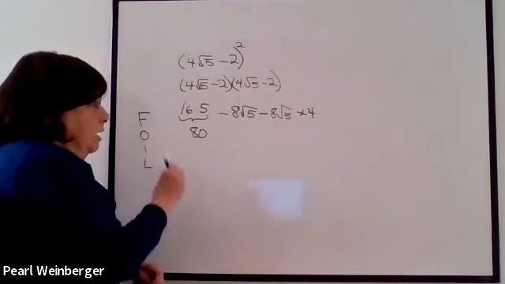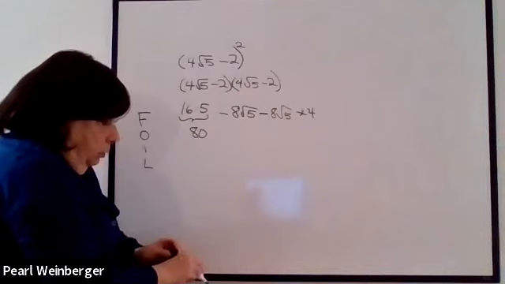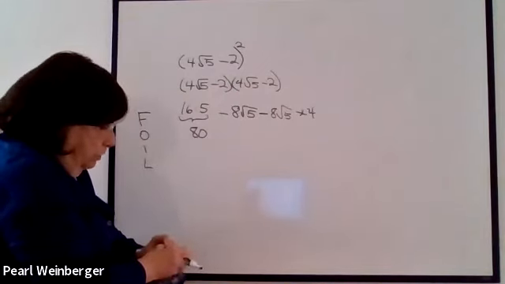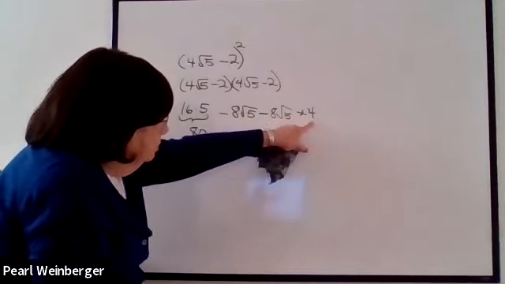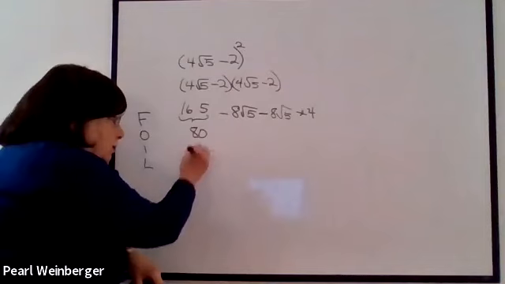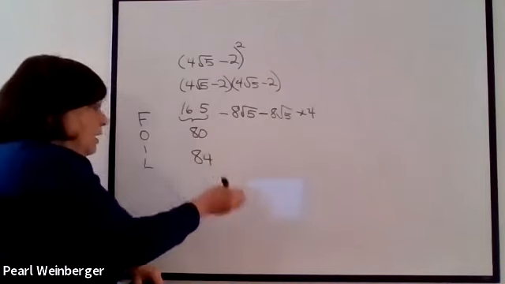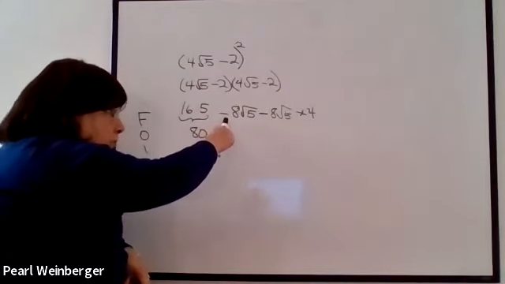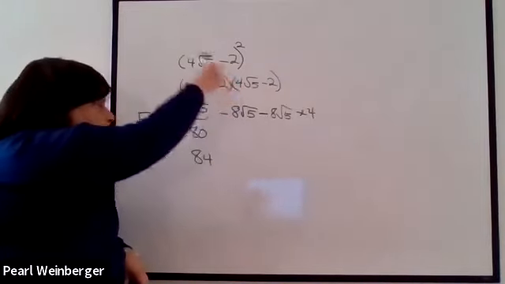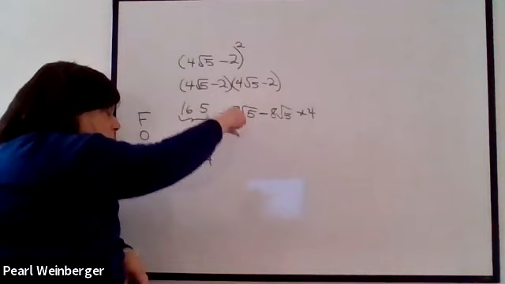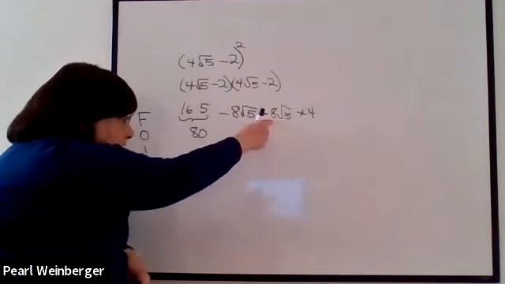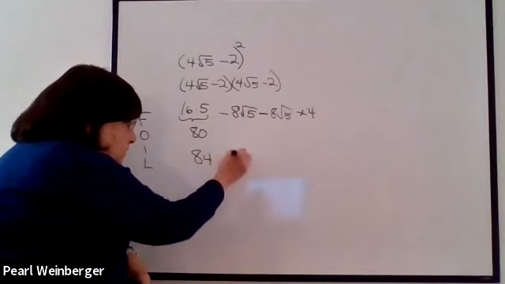Okay, now we want to combine our like terms. So first we have this 80 that has no radical next to it. So we can combine it with this 4 that has no radical next to it. The 80 and the 4 give me 84. And then the radical 5s, we have a -8 and a -8. Usually when you're squaring something, the two inner terms end up being the same, which they are in this case. -8 and -8 is -16.